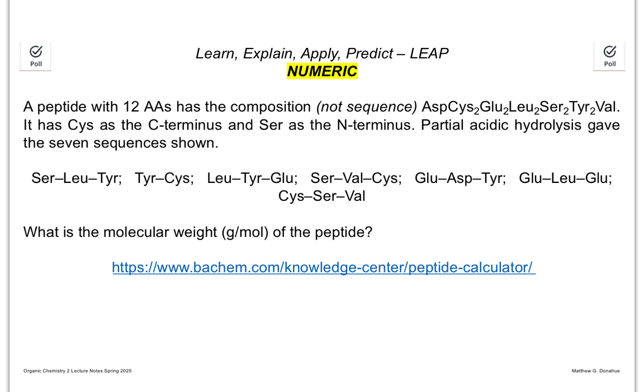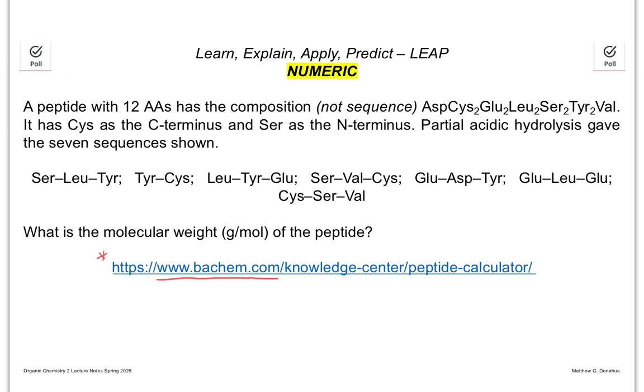So to take that problem a little bit further, once you have your sequence of the 12 amino acids, you're going to navigate to this website, Baychem. And so they have a couple different things in which you can calculate properties based on your amino acid sequence. So the first question is, what is the molecular weight of the peptide?